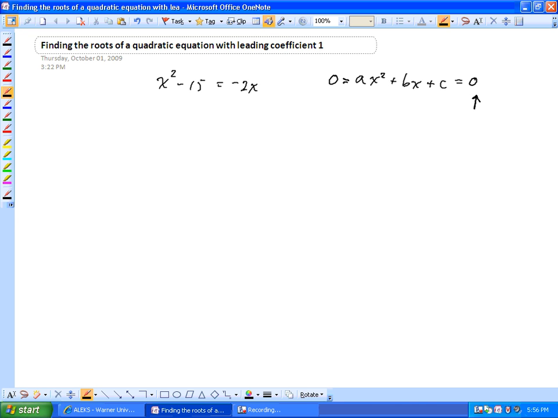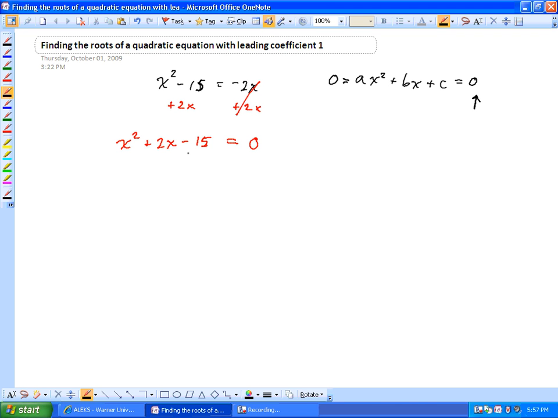In this example, right now it's not equal to 0. So what I have to do first is take the 2x off that side and add it to the other. That leaves me with 0 there, and x squared plus 2x minus 15 there. Once I have that, I can go about finding my roots or solutions to the equation by factoring.